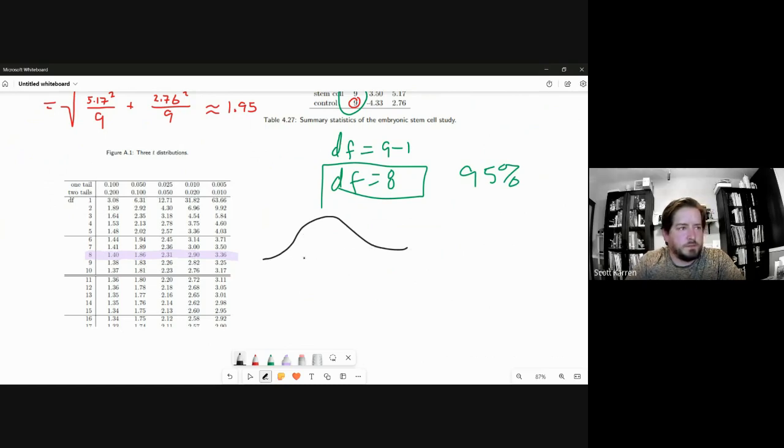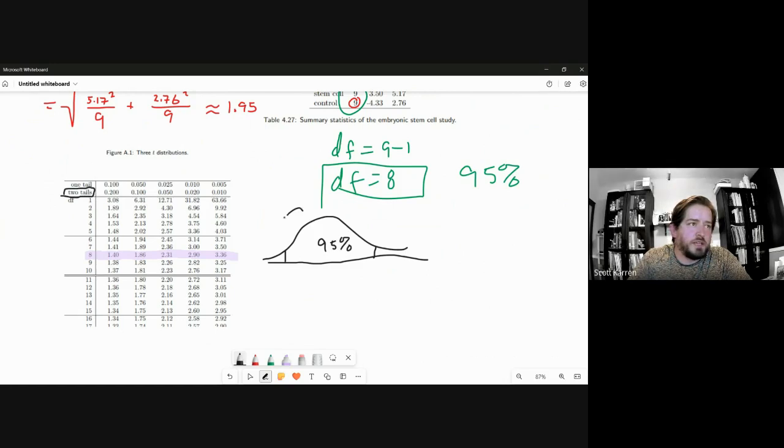So we're looking for 95% of the values, right? And we're really just looking to see if there's a difference between those. And so I want those 95% to be in the middle. So we're talking about a two-tailed test.